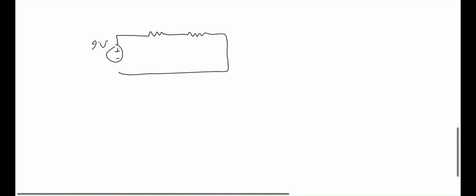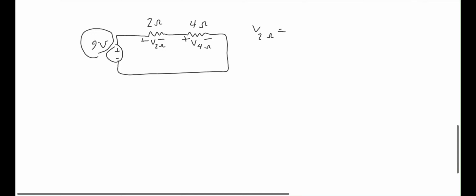Regarding voltage divider, if I have a power source of 9 volt and two resistors, let's call them 2 ohms and 4 ohms, how do they divide this 9 volt voltage between them? Let's call this V of 2 ohm and this voltage V of 4 ohm.